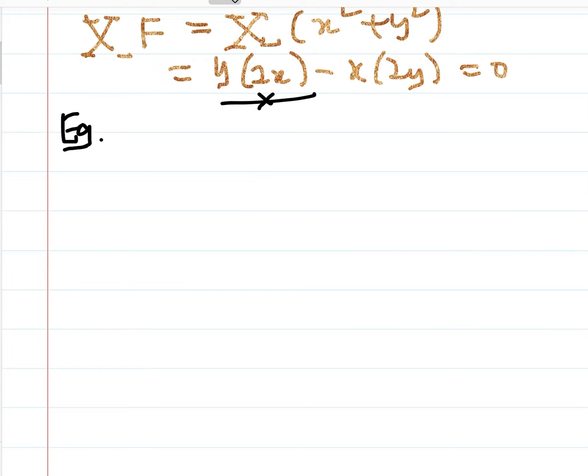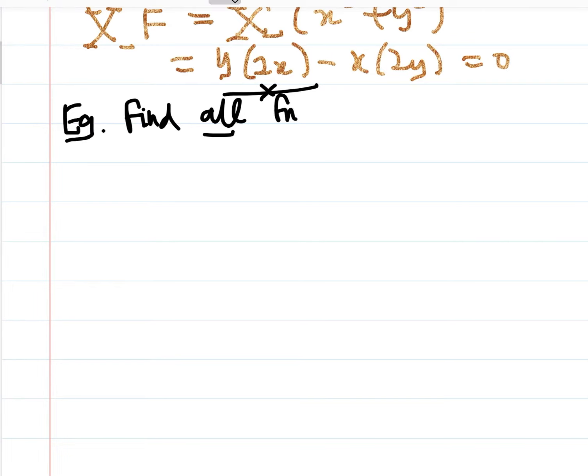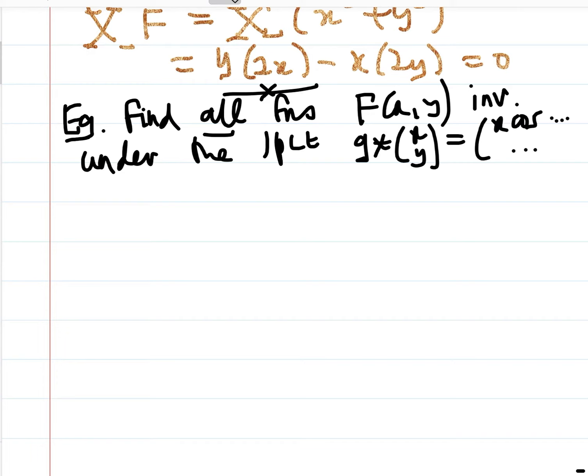Let's look at the following example, where we might say: find all functions f of x, y that are invariant under the one parameter Lie group of transformation. Let's look at the same example, the one with the cosines and the sines, where g star on x, y gives us x bar, y bar, the same example I'm looking at above.